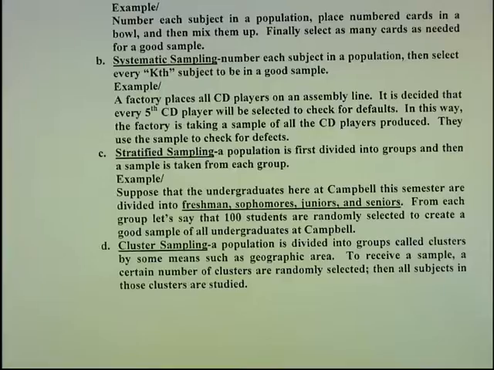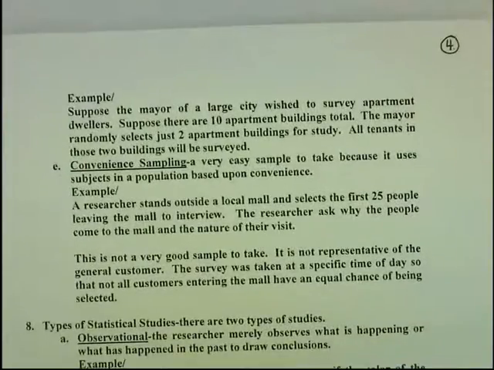To receive a sample, a certain number of clusters are randomly selected. Then all subjects in the clusters are studied. I have an example of cluster sampling, and it says that a mayor of a large city wishes to survey apartment dwellers.